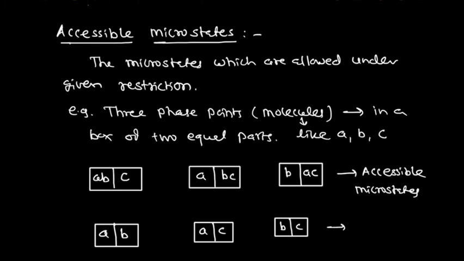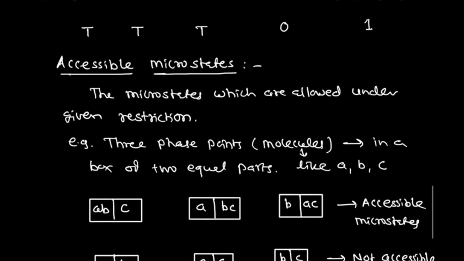These are not considered as accessible microstates. Hence, accessible microstates arise only under the restriction that all phase points should remain inside a given box. No one is outside that box. The resulting microstate acts as an accessible microstate.